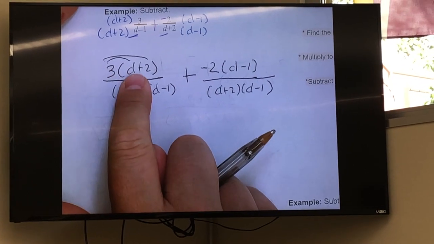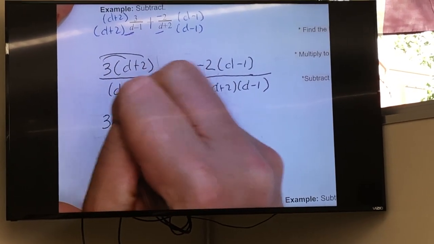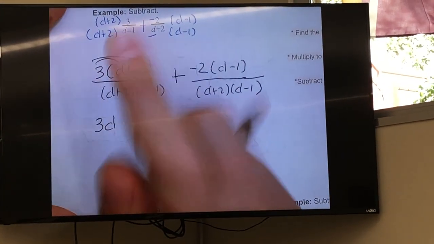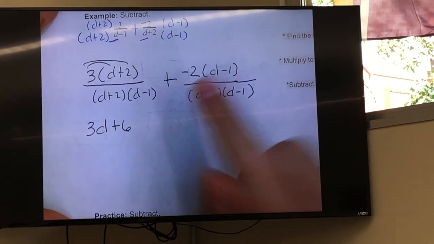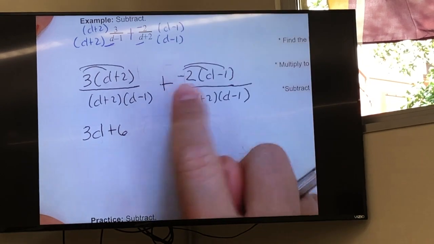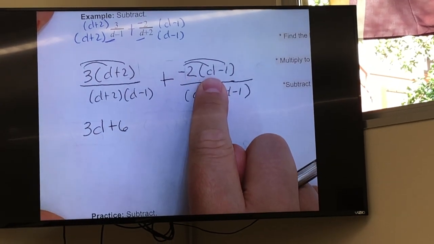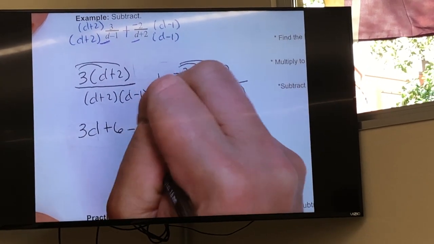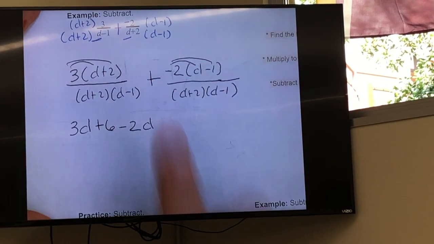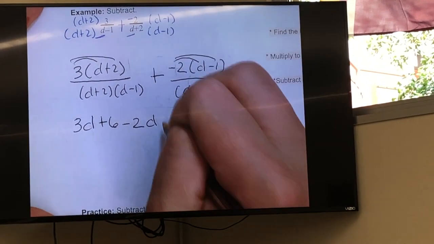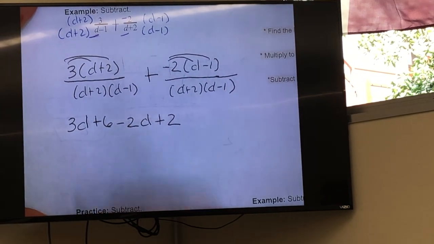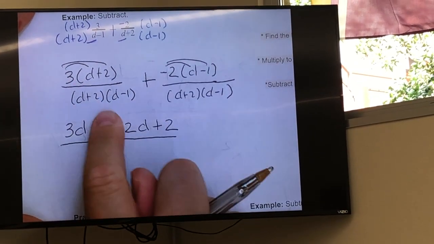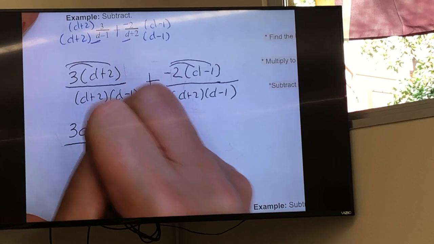So on the top here, we're using the distributive property. So 3 times d makes 3d. 3 times 2 makes a plus 6. Over here, a negative 2 times d makes a negative 2d. A negative 2 times a negative 1 makes a positive 2. This will all be on top of our common denominator.